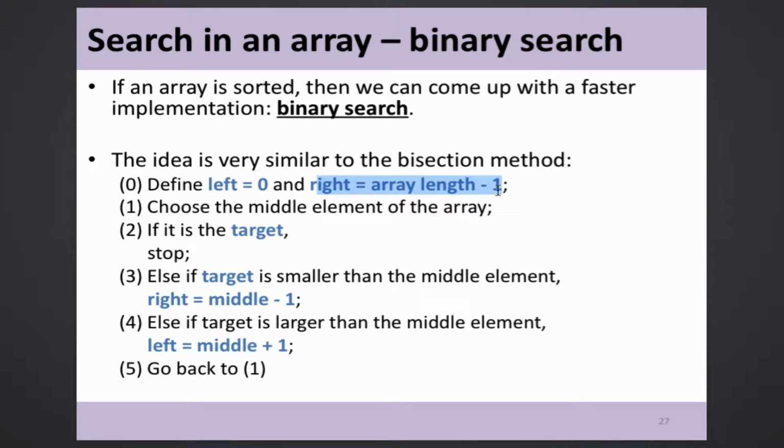Then we have a target. If it's the target, good, stop. But the location that we consider is the middle element. I have the whole range, and I focus on the middle one. If the middle one is the target, stop. If not, because it's sorted, very interesting.